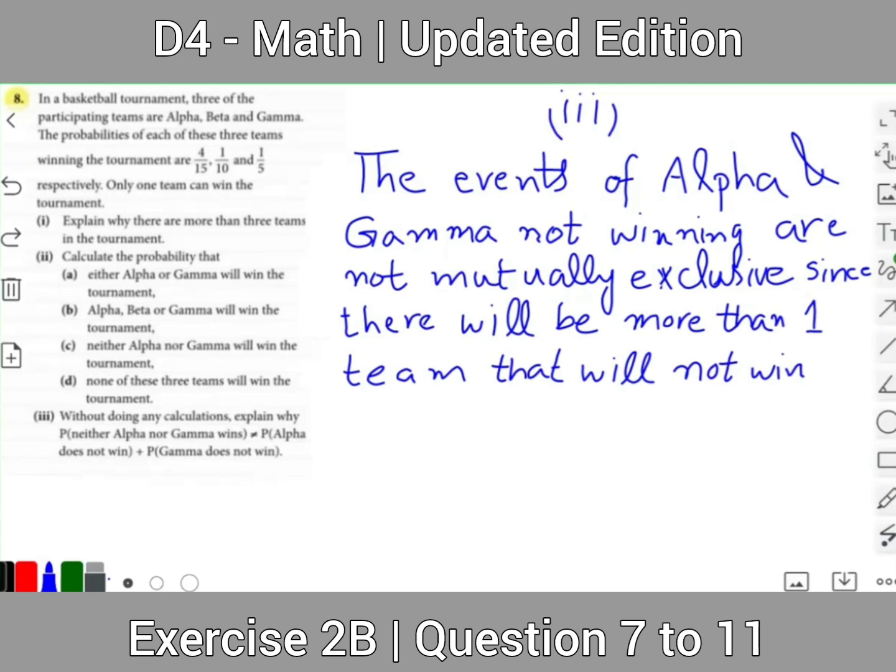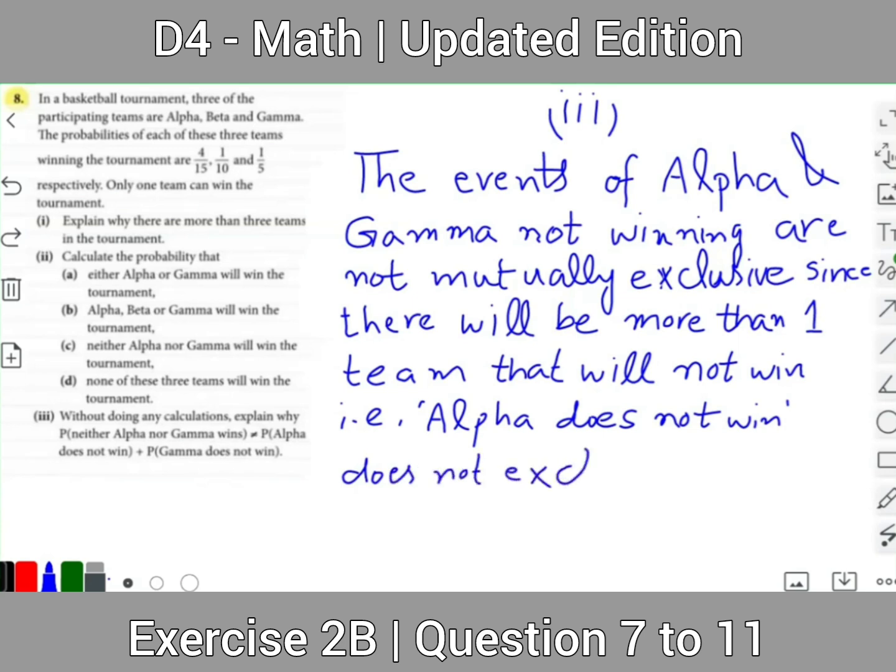Or in other words, the event alpha does not win does not exclude the event gamma does not win.